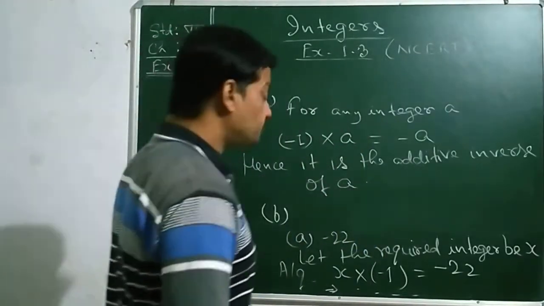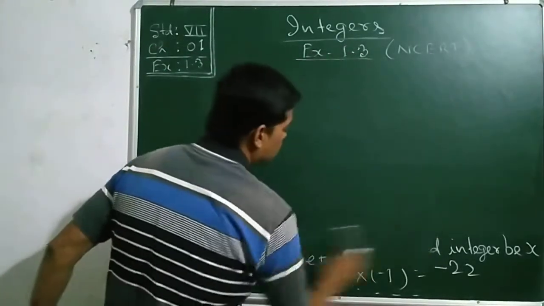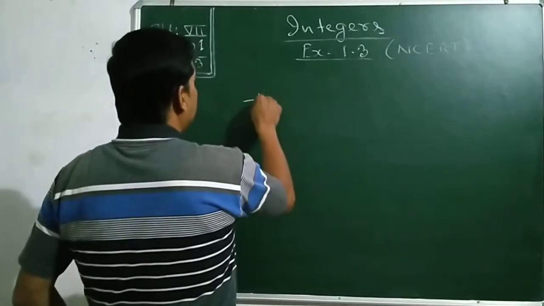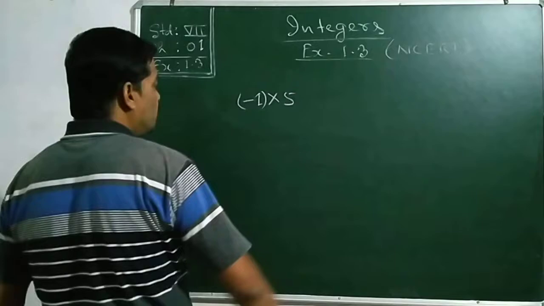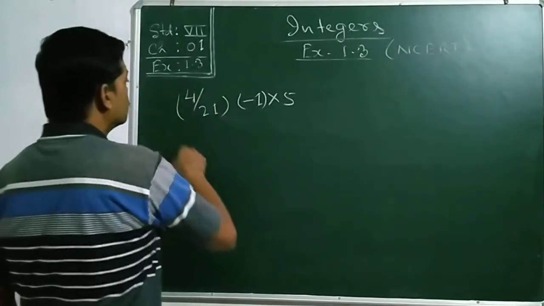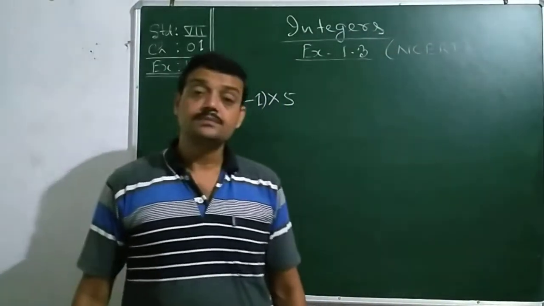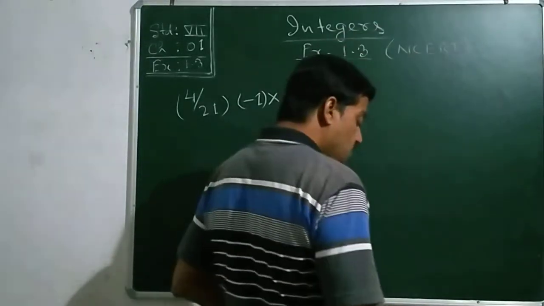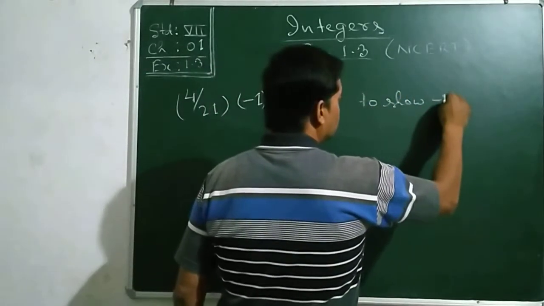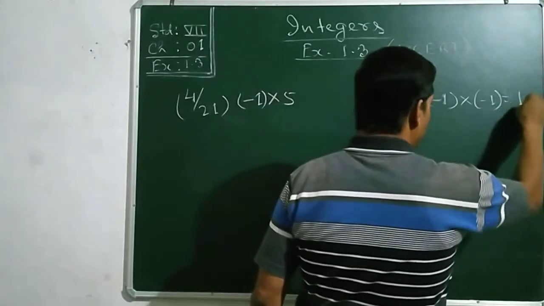Now come to question 4. In question 4, it has been asked, starting from minus 1 into 5, we need to write various products showing some pattern to show minus 1 into minus 1 equal to 1.